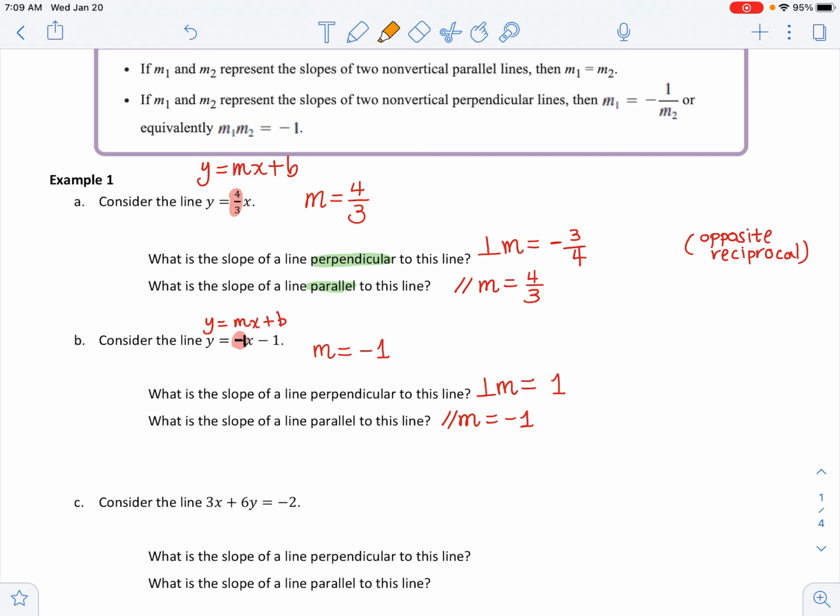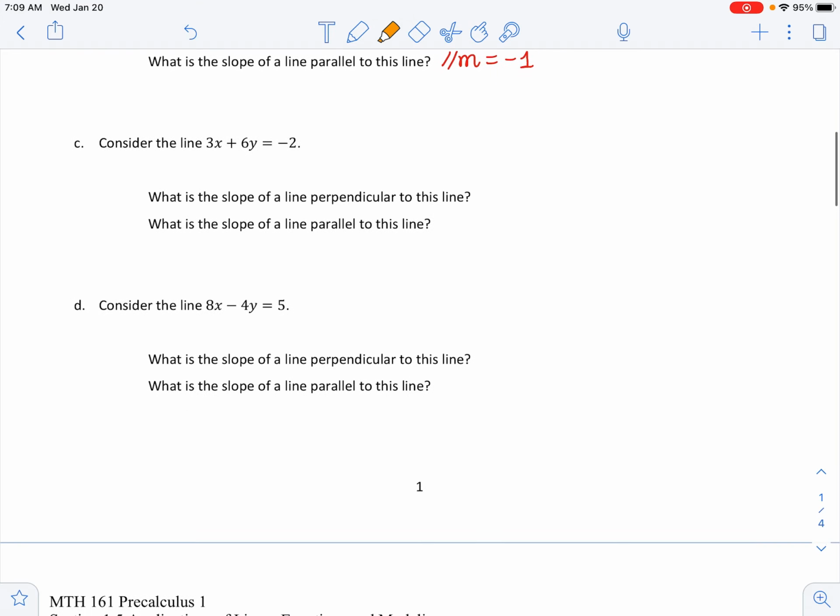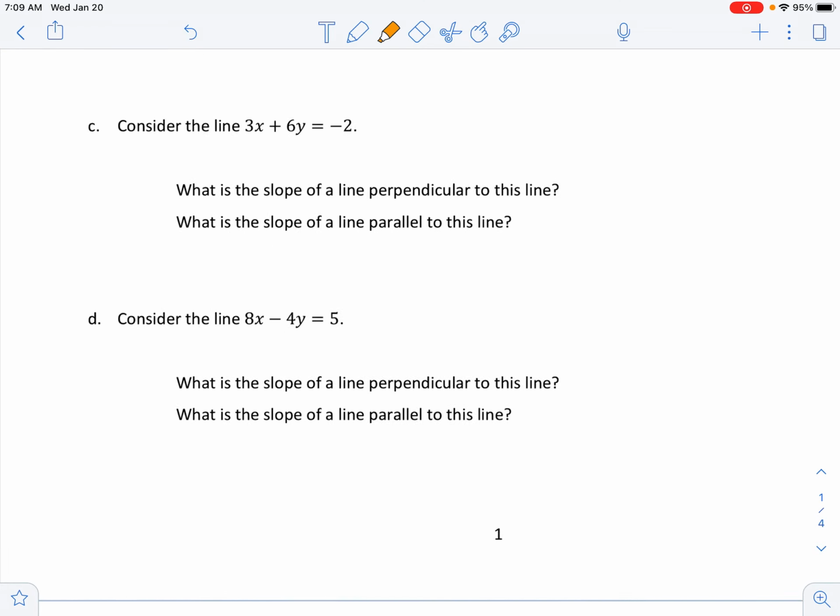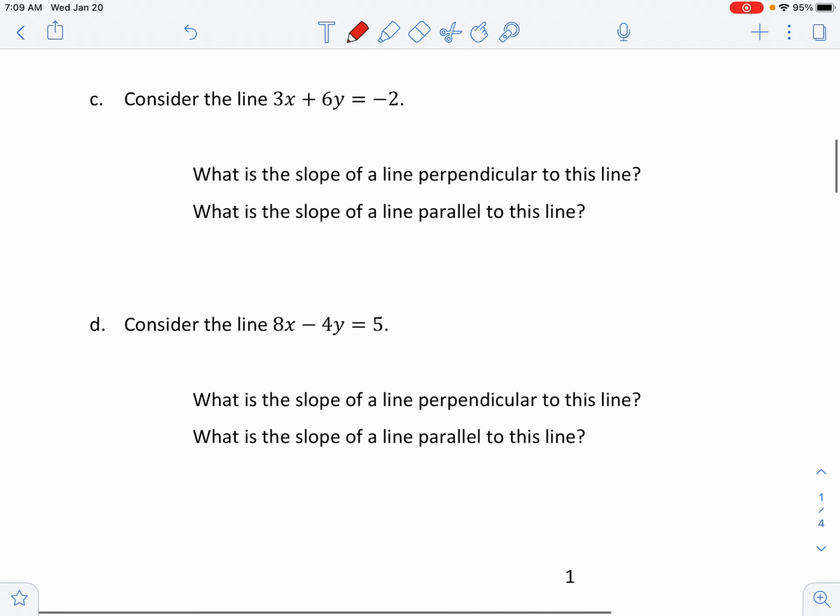Let's keep going. Example 1, A and B were already solved for slope-intercept form, but C and D, and that's how I like to ask questions on the exam, are not exactly solved yet, so we're going to have to solve for the slope-intercept form. So I have 3x plus 6y equals -2. I'm going to first move this 3x to the other side, okay?